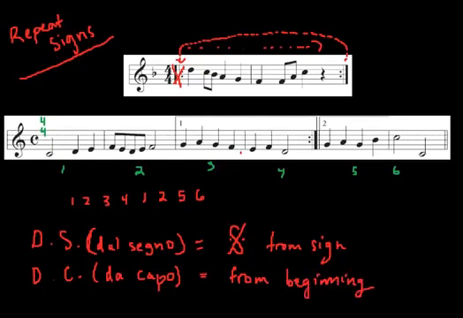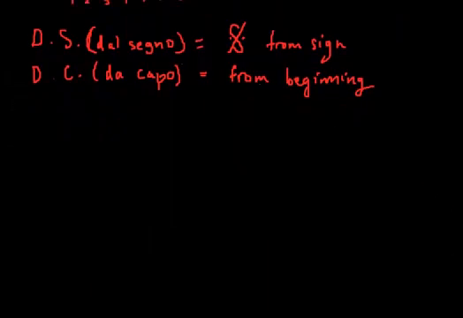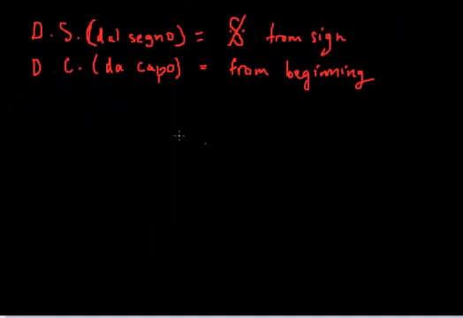And these two symbols are often accompanied with the two phrases al fine and tu coda. So you might see al fine or tu coda. That just designates where you can repeat from.